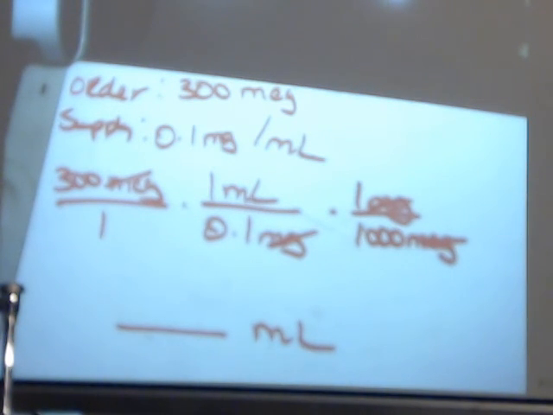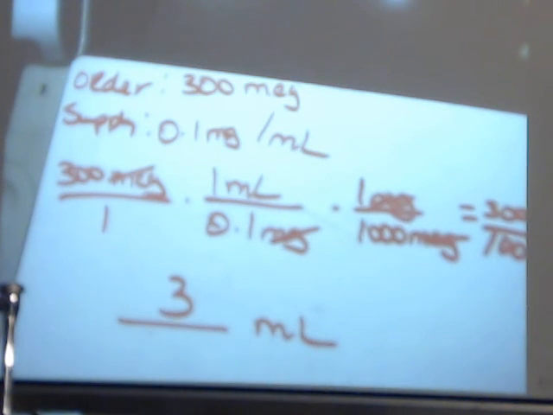So it's 300 times 1 times 1, which is 300, over 0.1 times 1,000, right? So that gives us 100. 300 divided by 100 equals 3, right? So we're going to give 3 milliliters.